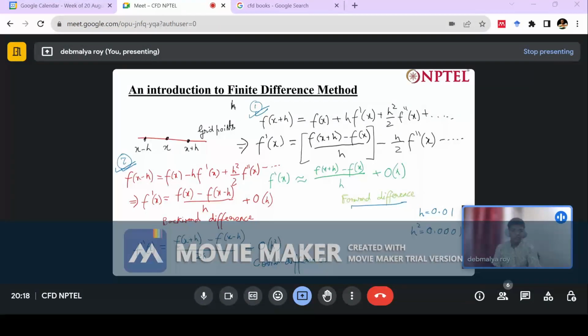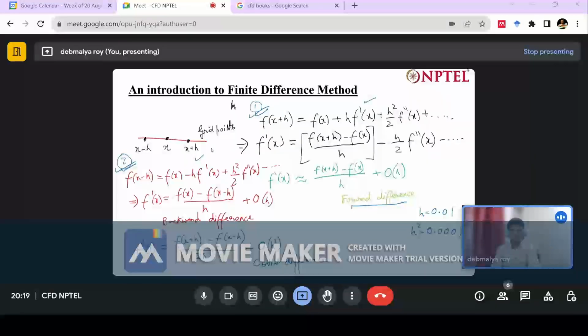We can similarly find out the second order derivative as well. How can we do that? We can take this equation 1 and 2, and suppose we add them up, you will see the f dash terms getting cancelled, right?